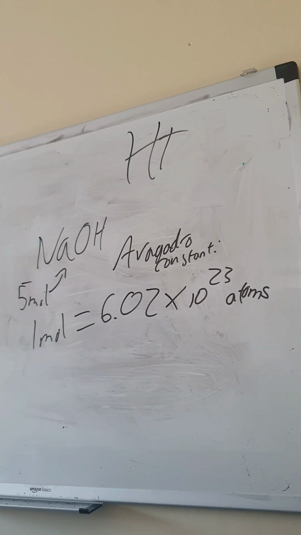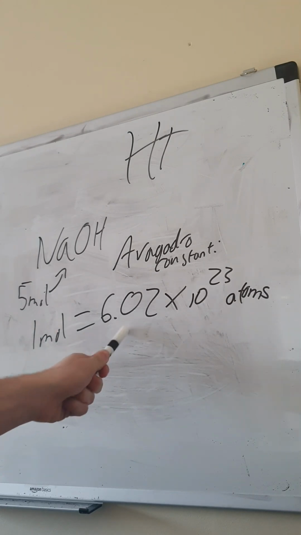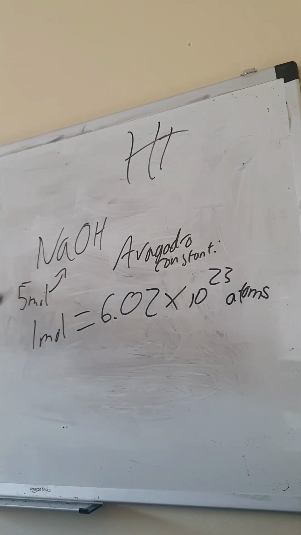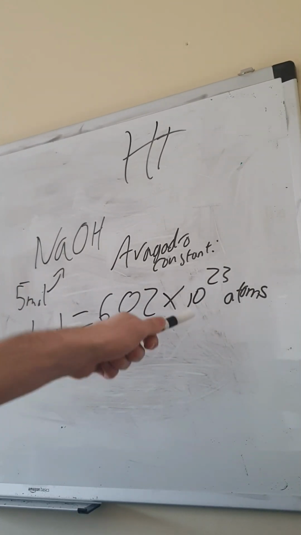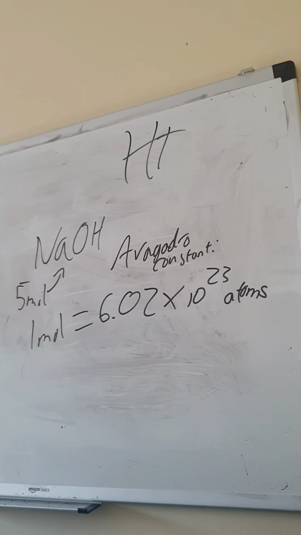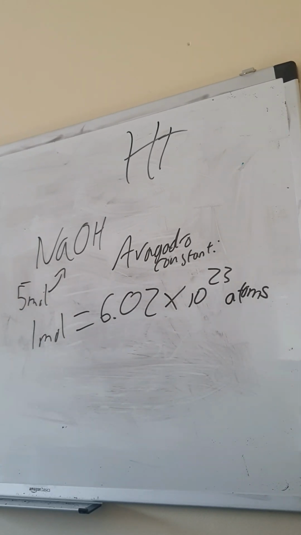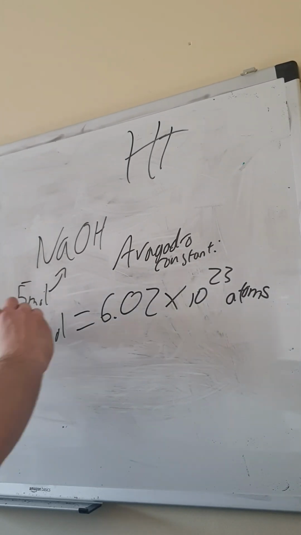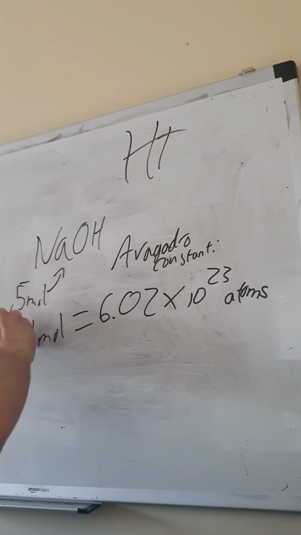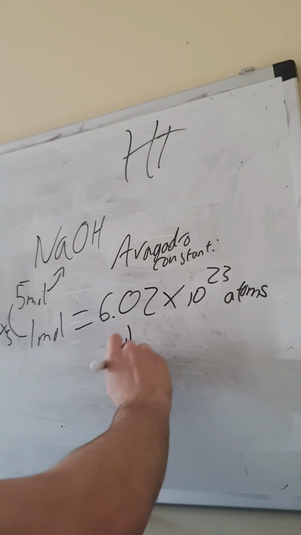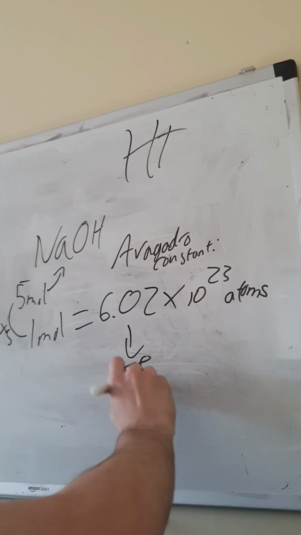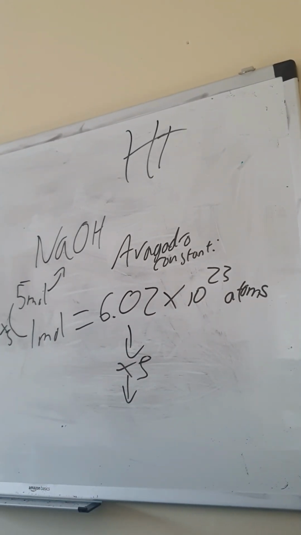So, let's understand what 5 moles of sodium hydroxide would be. Well, if we know 1 mole is 6.02 times 10 to the 23rd atoms, we know that we can multiply by 5 to get from 1 mole to 5 moles. So, we do the same. We multiply by 5 of that 6.02 times 10 to the 23.